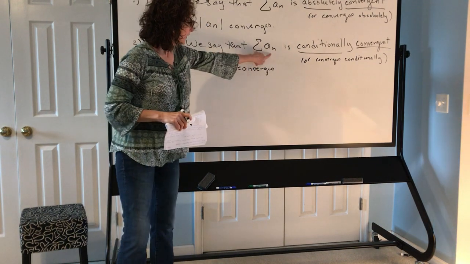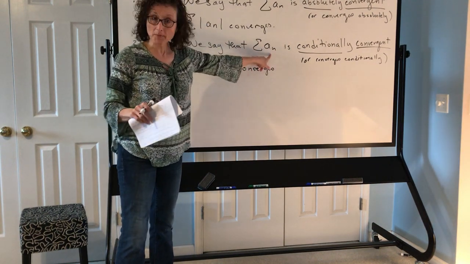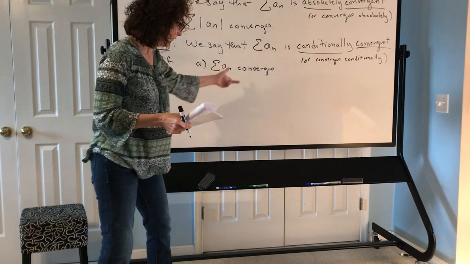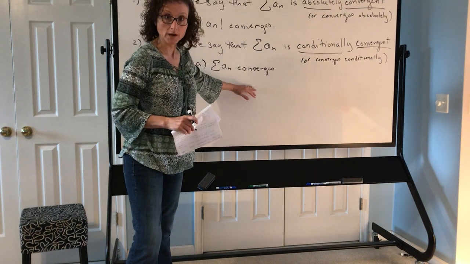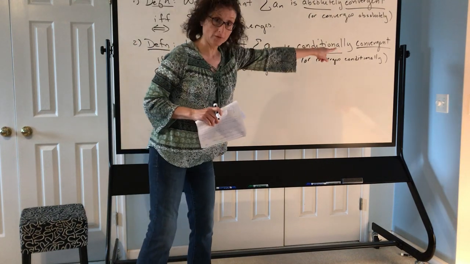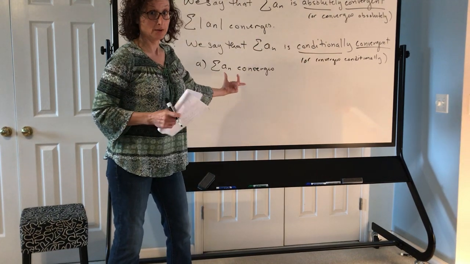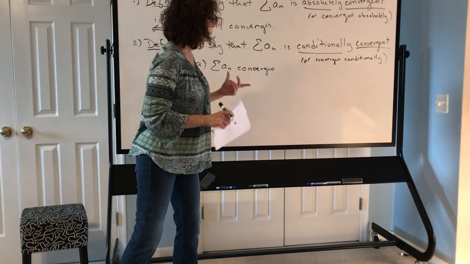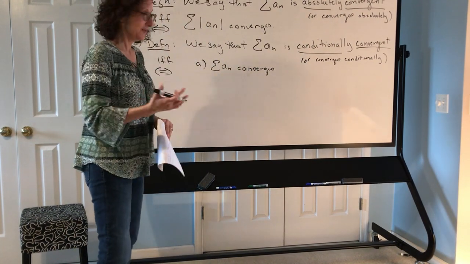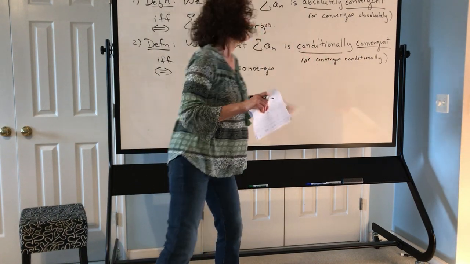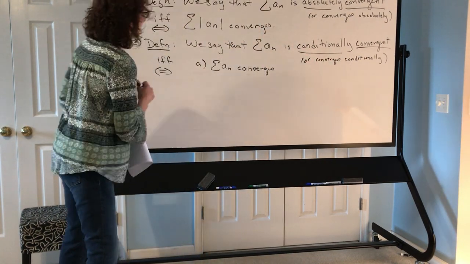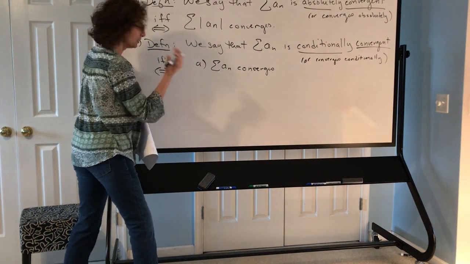Okay, so if I add up these terms, some are positive, some are negative, right? Whatever, that sum ends up being some finite number, okay? So conditional convergence is convergence, right? So don't worry about that, okay? So I don't like the wording because it seems like it's only convergent under some condition. But anyway, we'll talk more about that later. So conditional convergence is convergence, right?